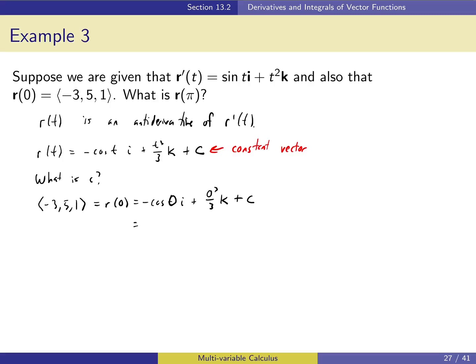Well, that's equal to negative i plus c. And so we have negative 3i plus 5j plus k equals negative i plus c. We can now solve for c by adding i to the other side. c equals negative 2i plus 5j plus k.